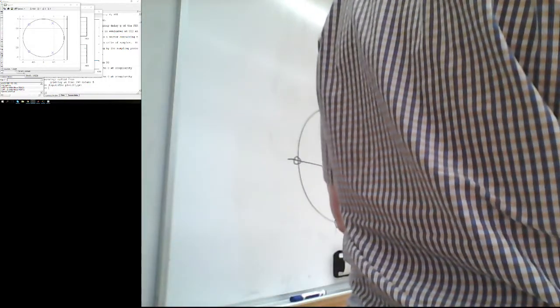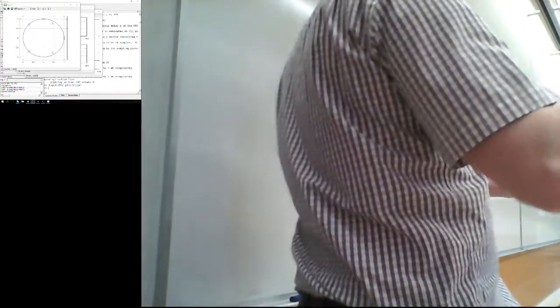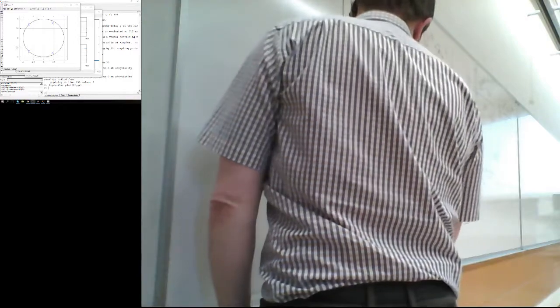Actually, for 4-point running average, it looks like that. Okay, and the poles are all here.